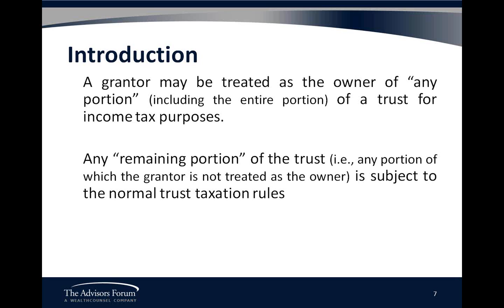The remaining portion of the trust, any portion of which the grantor is not treated as the owner, is subject to the normal trust tax rules. That could get a little complicated from a tax preparation standpoint.